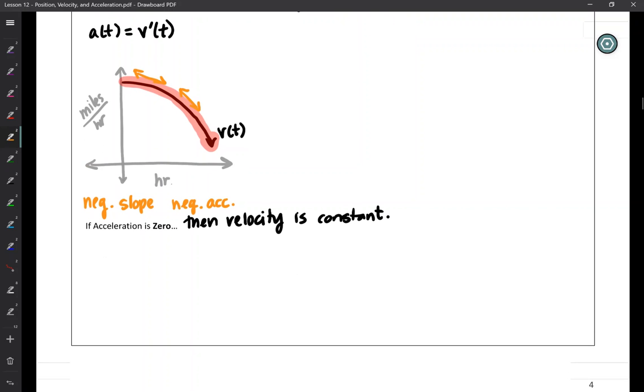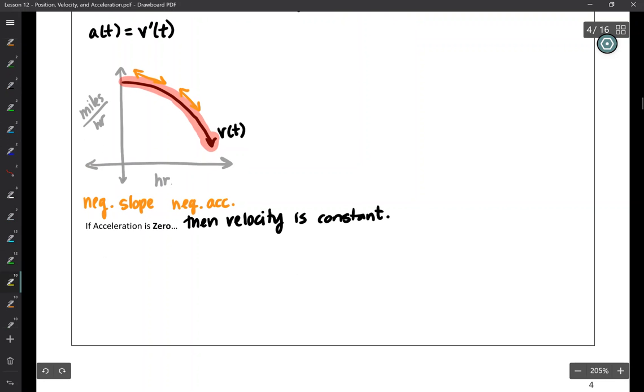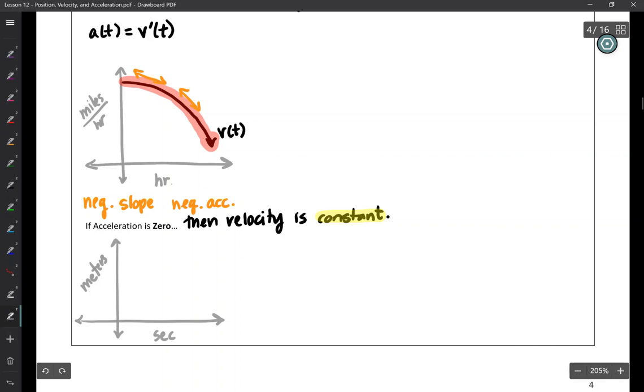If acceleration is 0, then velocity should be constant. How about meters per second? Here's my velocity curve. Say we are increasing, constant for a second, and then decreasing, and then increasing again.